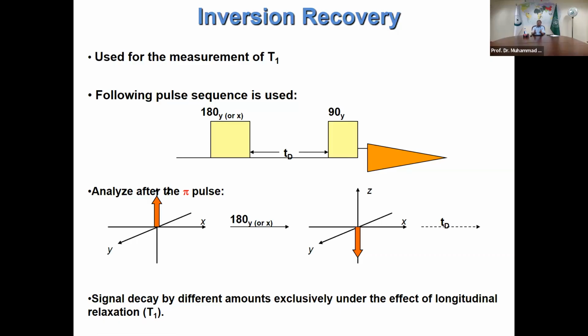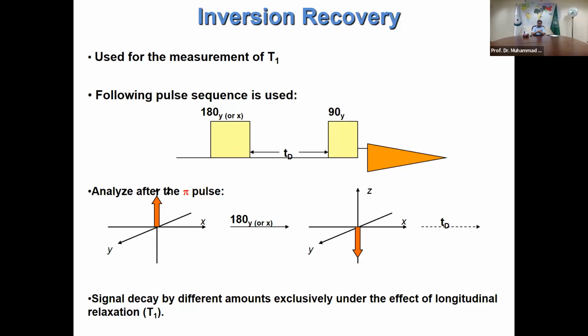So these are two pulses, multi-pulse. A 180 Y pulse or X pulse, it doesn't matter. Where will the magnetization go after a 180 pulse?